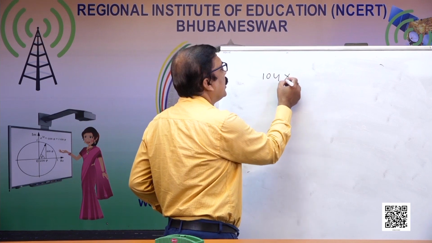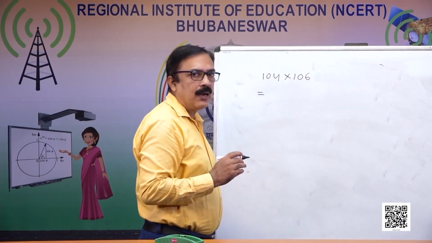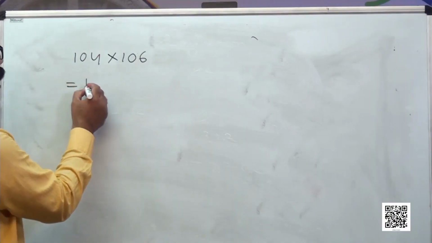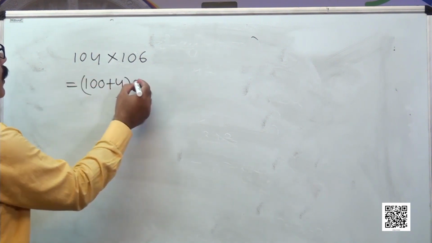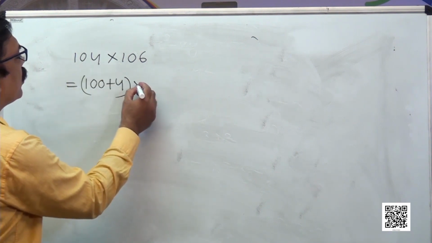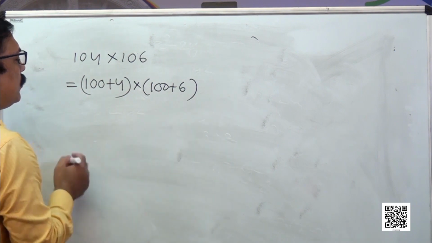104 into 106. Here we need not multiply them directly. We can write it as 100 plus 4 into 100 plus 6.